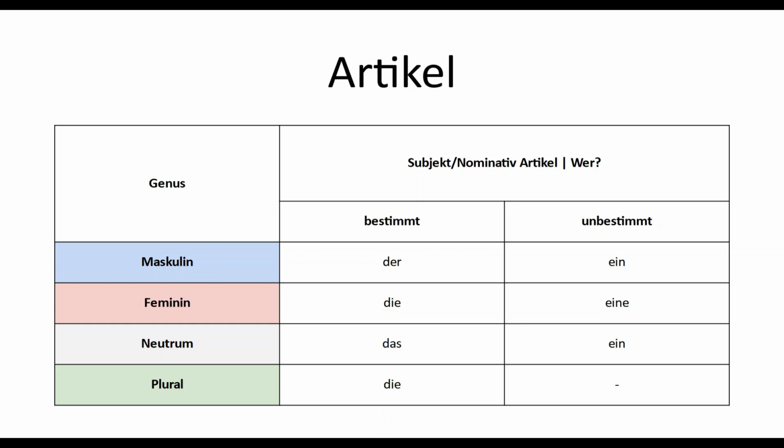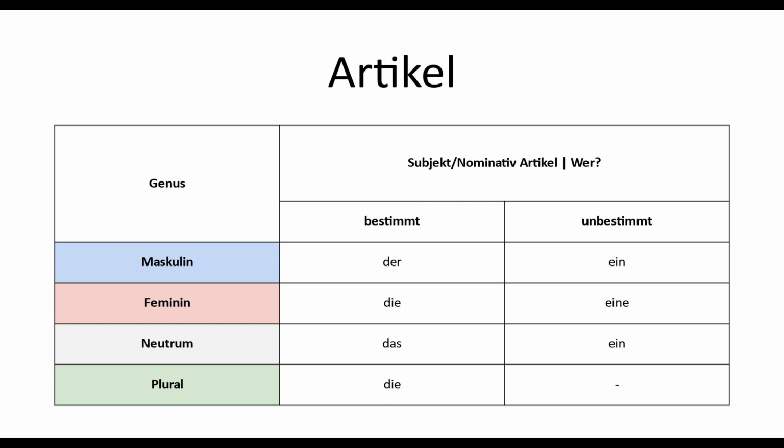There are two types of articles: bestimmt and unbestimmt. Basically it means specific and non-specific. So der, die, das loosely translates to "the" in the English language, and unbestimmt, ein, eine, and ein, loosely translates to "a/an", which is not specific to a particular thing.